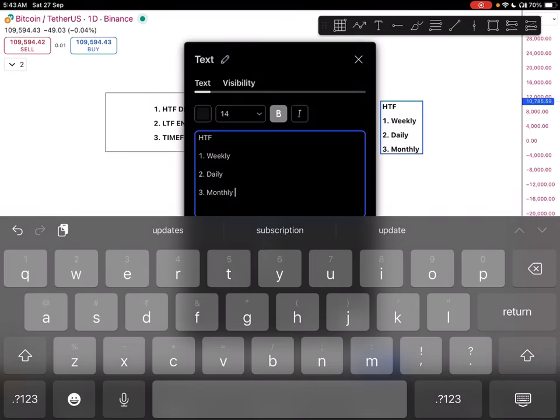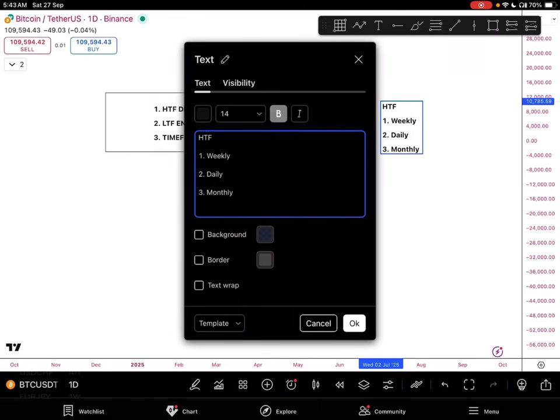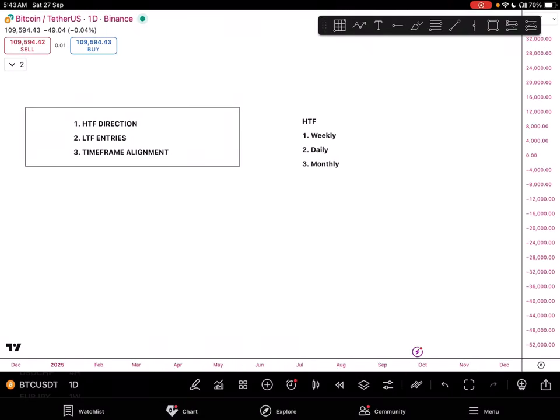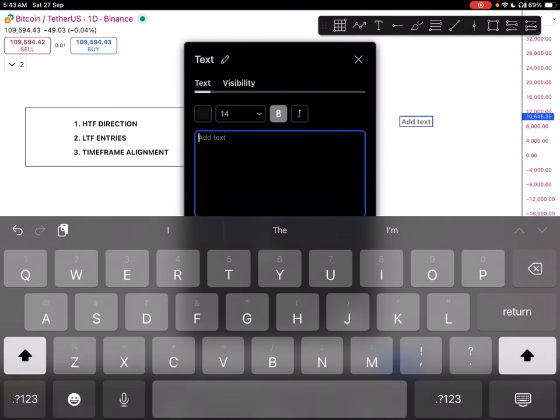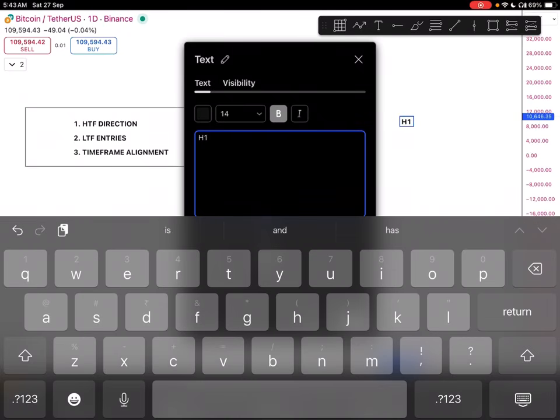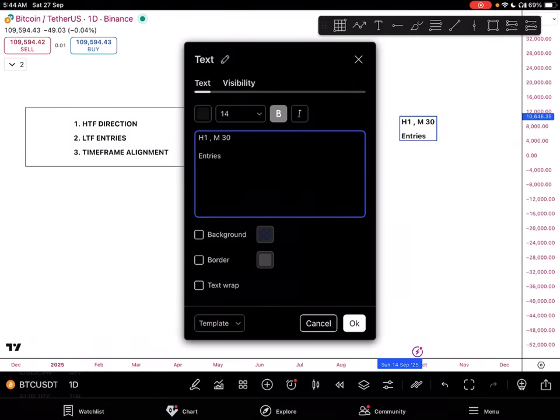These three higher time frame directions are where we look for our bias. For entries in the lower time frame, we will look at H1 and M30.